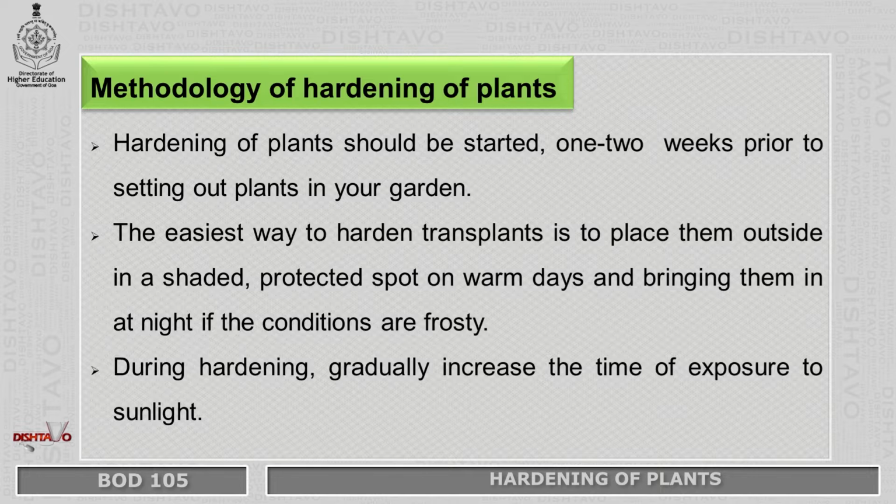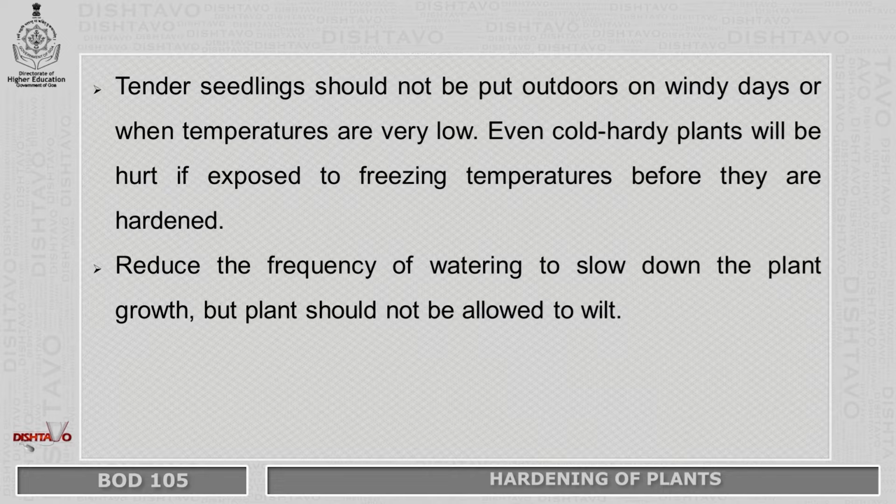During hardening, gradually increase the time of exposure to sunlight. Tender seedlings should not be put outdoors on windy days or when temperatures are very low. Even cold, hardy plants will be hurt if exposed to freezing temperatures before they are hardened.